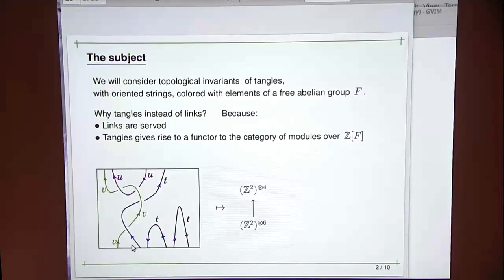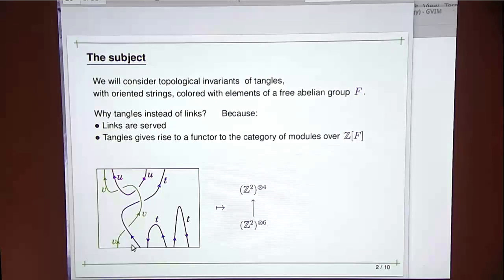So it will look like that. We have a tangle. You put on the bottom the tensor product of Z squared, as many copies as you have on the bottom, and similarly on top, and this would give you a linear map. F is a free abelian group, which is fixed. Is it Z squared or Z of F squared?